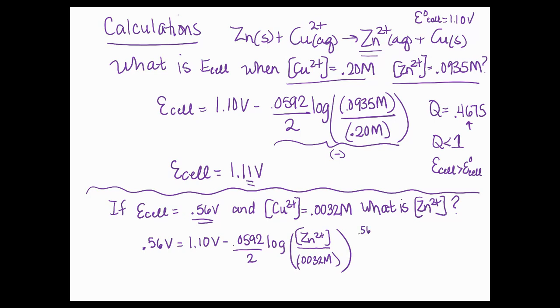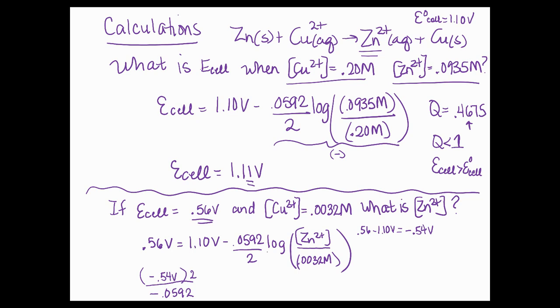0.56 minus 1.10 volts, right? So we're going to get negative 0.54 volts, and then I'm going to multiply by 2, divide by negative 0.0592.